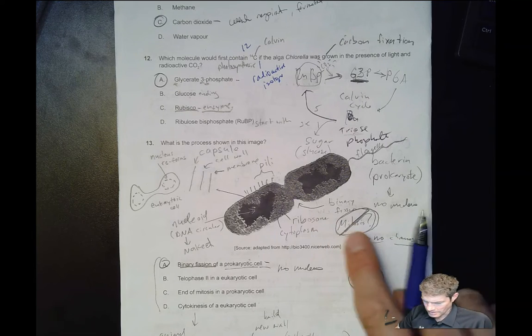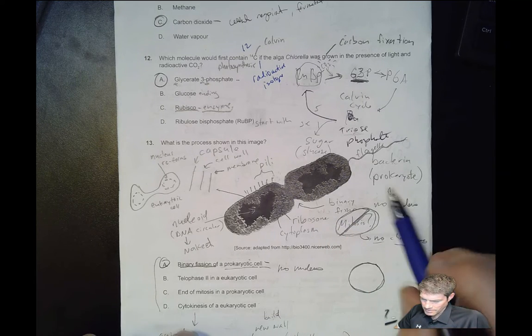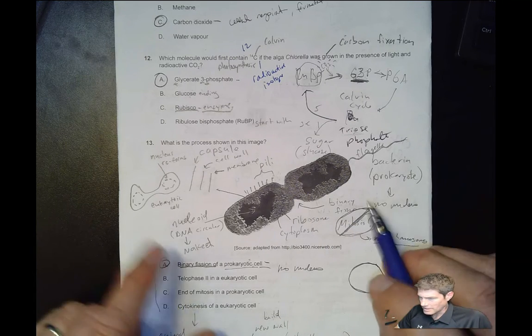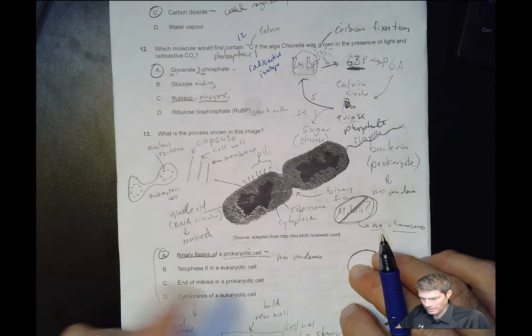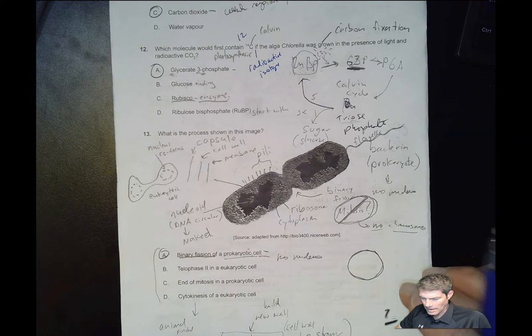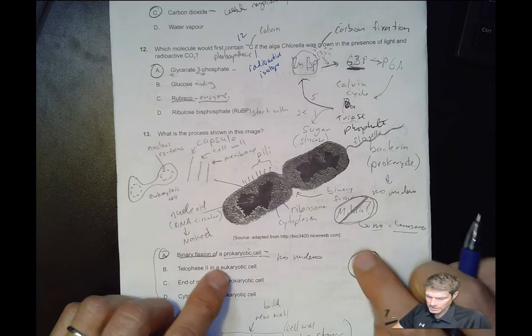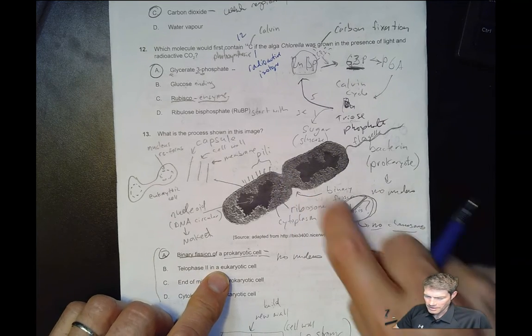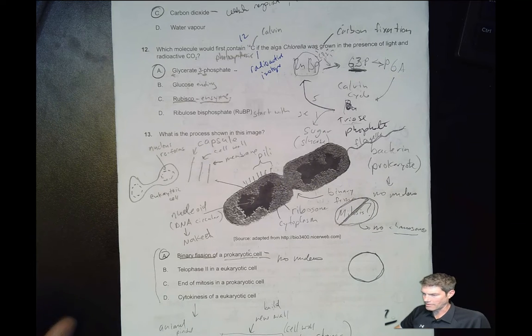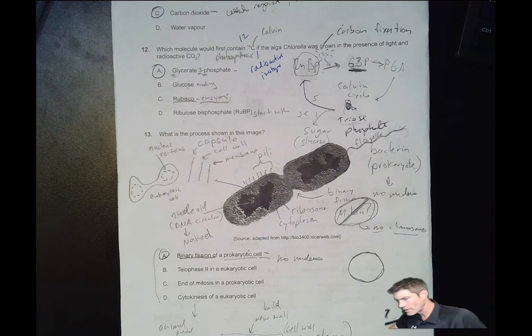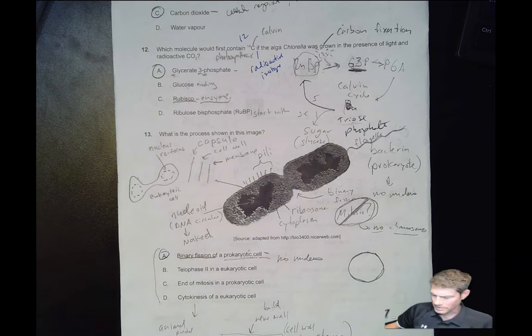But what we see here is binary fission of a prokaryotic cell. You have the DNA copying, but it just kind of squeezes into two new cells. And that's a process called binary fission. So no mitosis. You don't have chromosomes moving anywhere in binary fission.